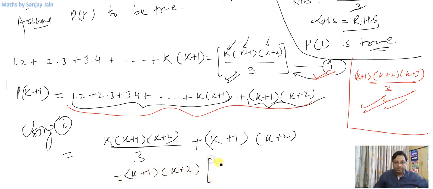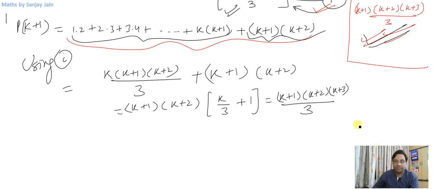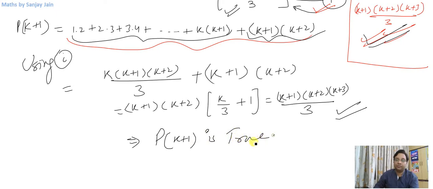So I'll be left with k by 3 from the first term and 1 from the second. So this can further be written as k plus 1 into k plus 2 into, now this 3 will multiply here, so it will be k plus 3, and whole divided by 3, which is this, right? Once I've shown it equal to this, then I can say that p of k plus 1 is true, right?